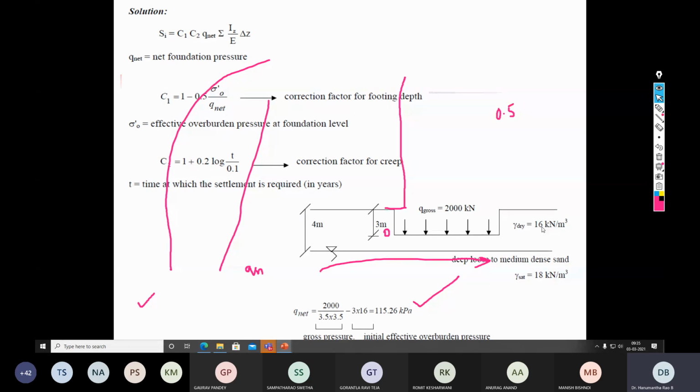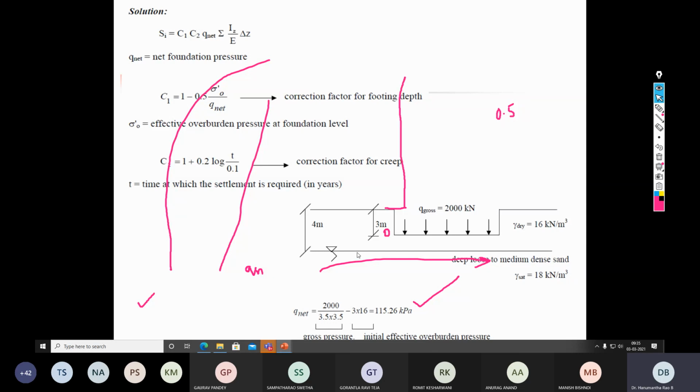It is approximately 16 kilonewton, the weight of the soil if you take 1 cubic meter of the dry soil. But the same soil, if you saturate it, that means you are adding water, then its weight increases from 16 to 18. So this additional weight is the component of water.